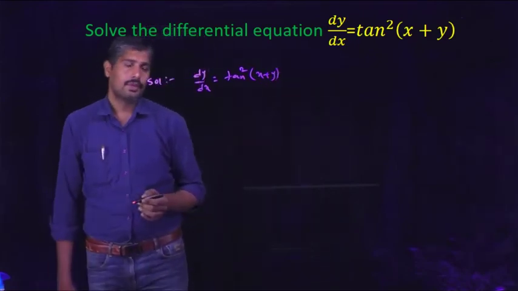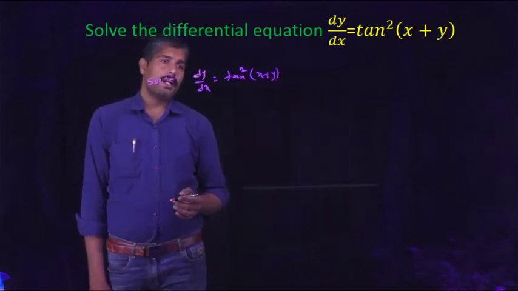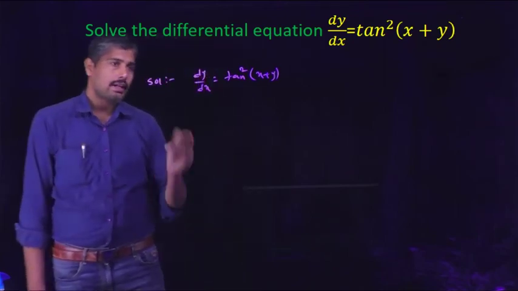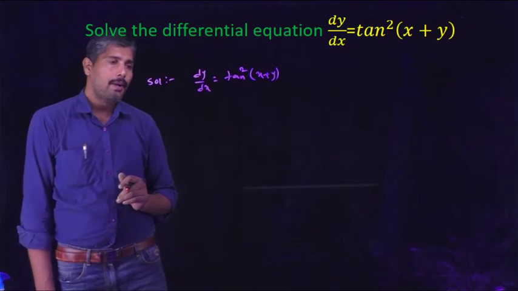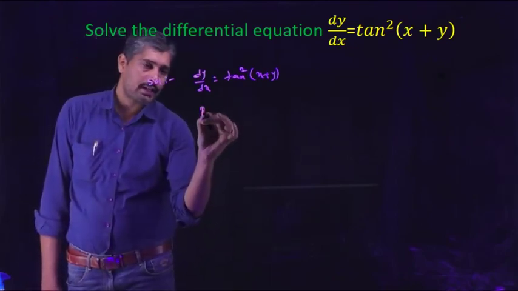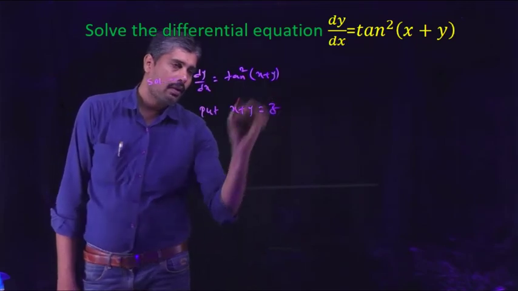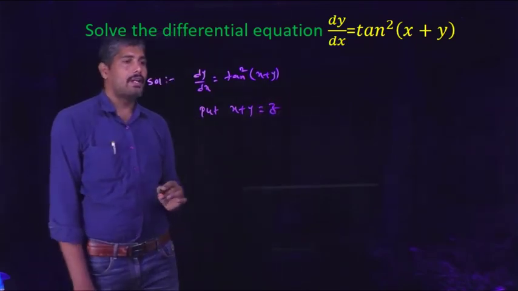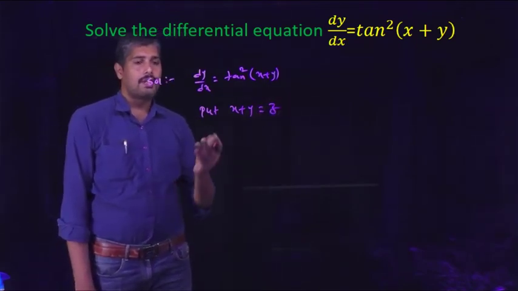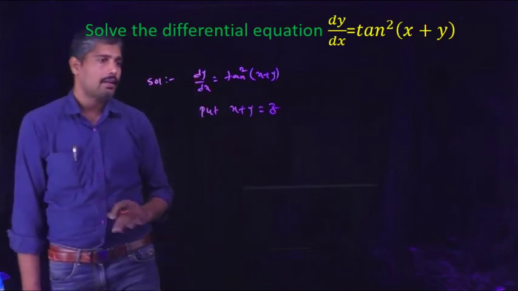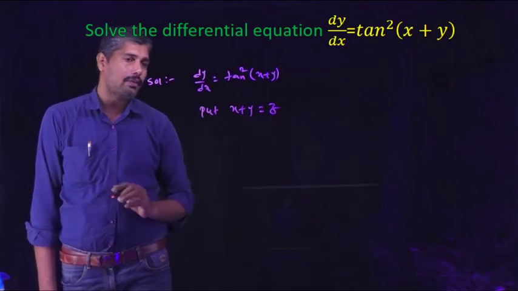Here, separating x terms and y terms is not possible. That's why put x plus y equal to z. Whenever separating x terms and y terms is not possible, then we take a substitution in the variable separable method. Right? Here x plus y equal to z.